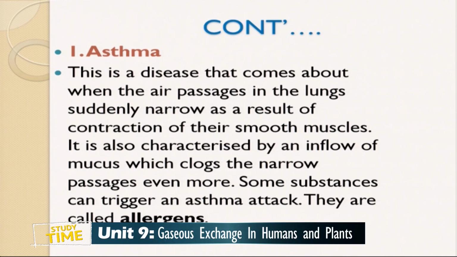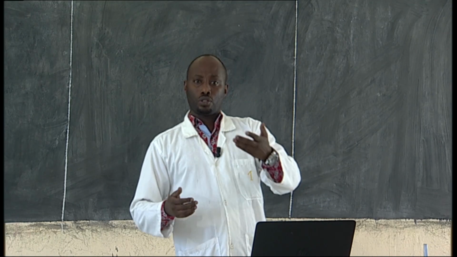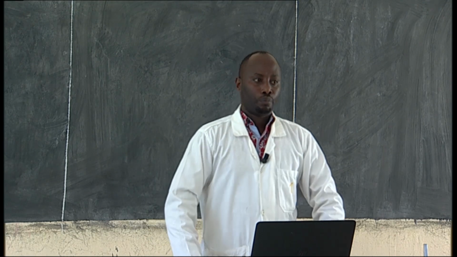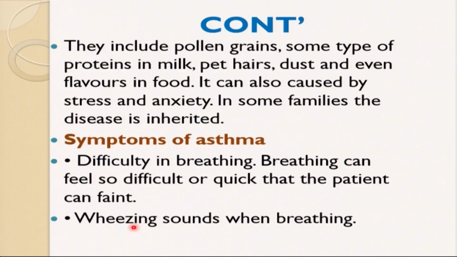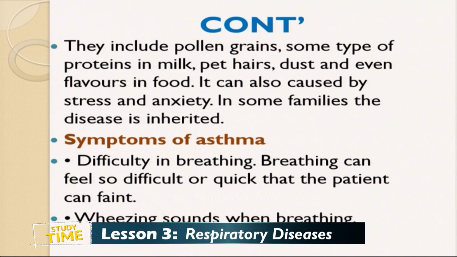Some substances can trigger an asthma attack, and they can be allergens. Allergens are things that can cause someone to suffer from asthma. What are those allergens? We have pollen grains, and some types of protein milk.